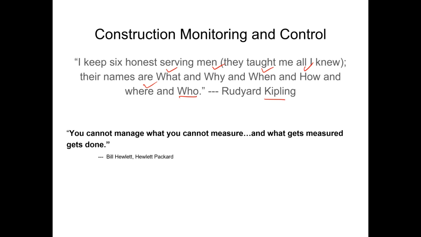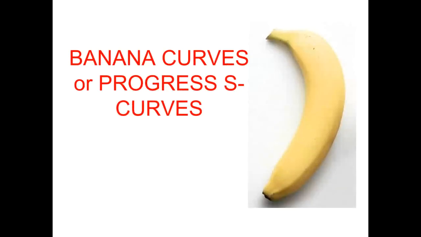And another statement from Hewlett: you cannot manage what you cannot measure, and what gets measured gets done. So we will see that in monitoring, the measurement is very important. Unless we have got a baseline, it's very difficult to ensure we are delivering.